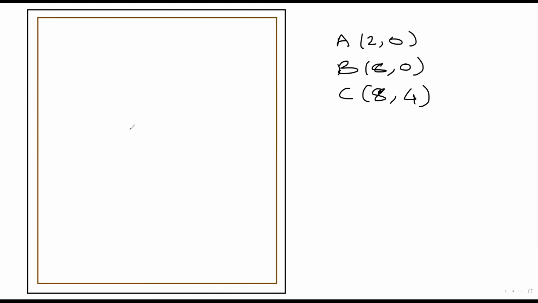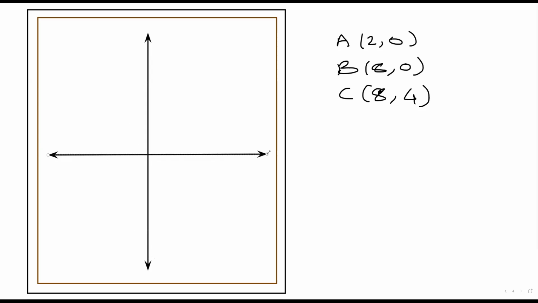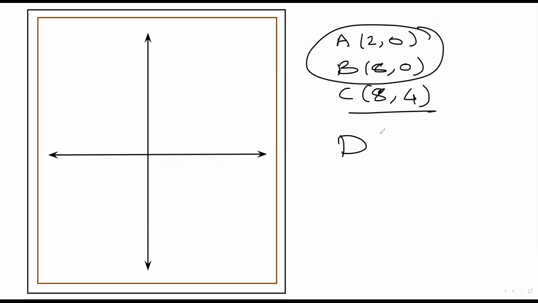So this gives me an idea. Why do I waste space? See what happens most of the time, students have a habit of drawing the x and y axis exactly in the middle. I don't know why. They don't look at the numbers. It makes sense that if these 2 points lie on the x-axis and this one lies in the first quadrant, D is going to lie in the first quadrant because it is a rectangle.